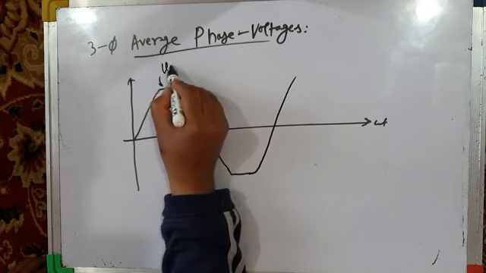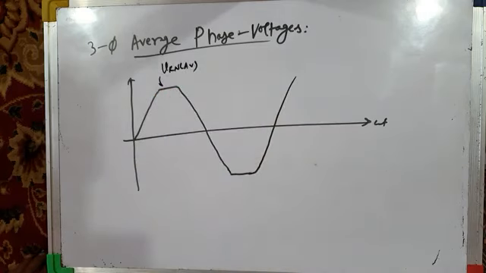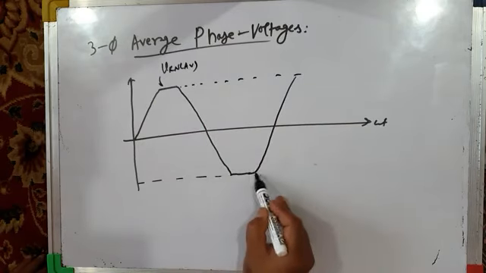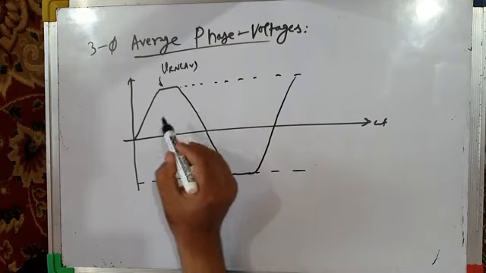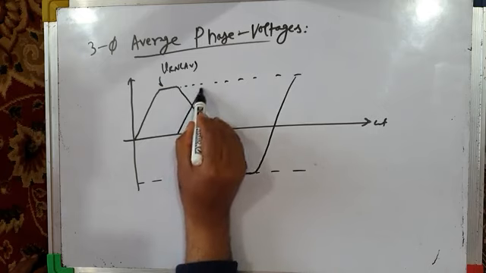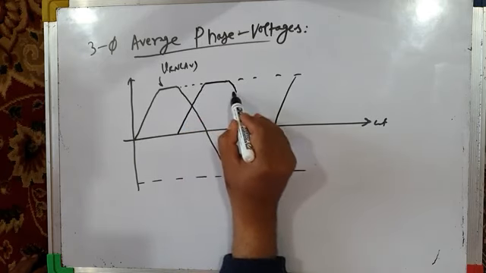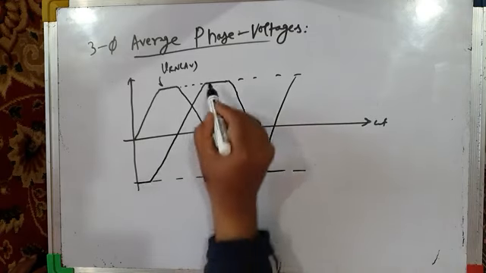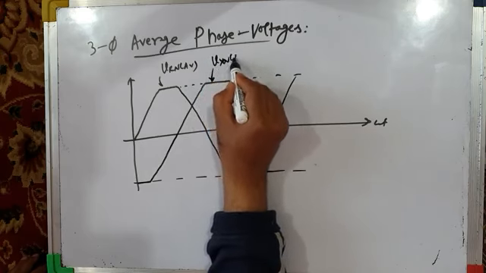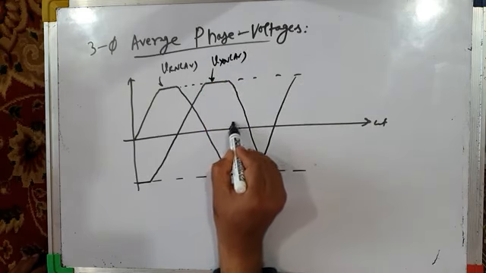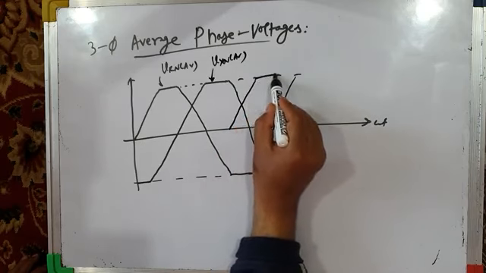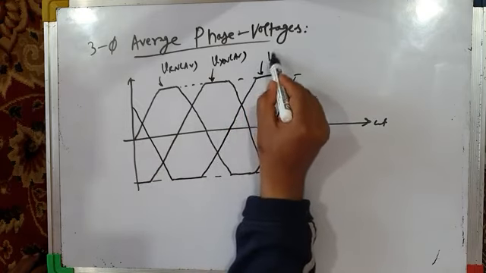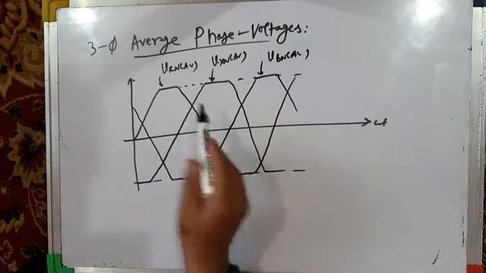So this is your VRN average. This is phase voltage VYN average, and this is phase voltage VBN average. It has the same pattern as pole voltages.